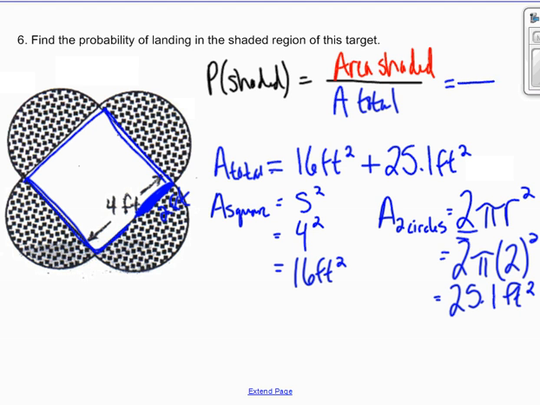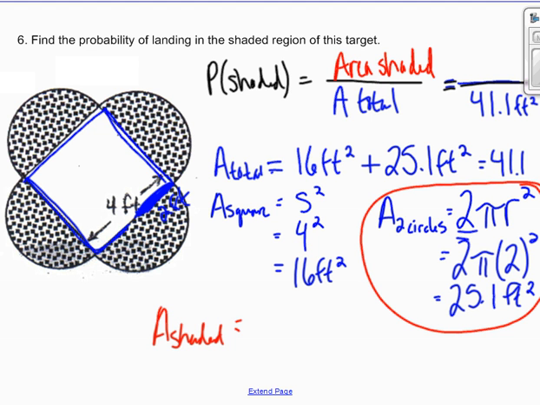So the area of the total I just figured out was these 2 added together. So 25.1 plus 16 is 41.1. And that's what I would put on the denominator. And then the area of the shaded is what I do next. What's shaded are the petals, and I already did that one, so I'm just going to write 25.1.